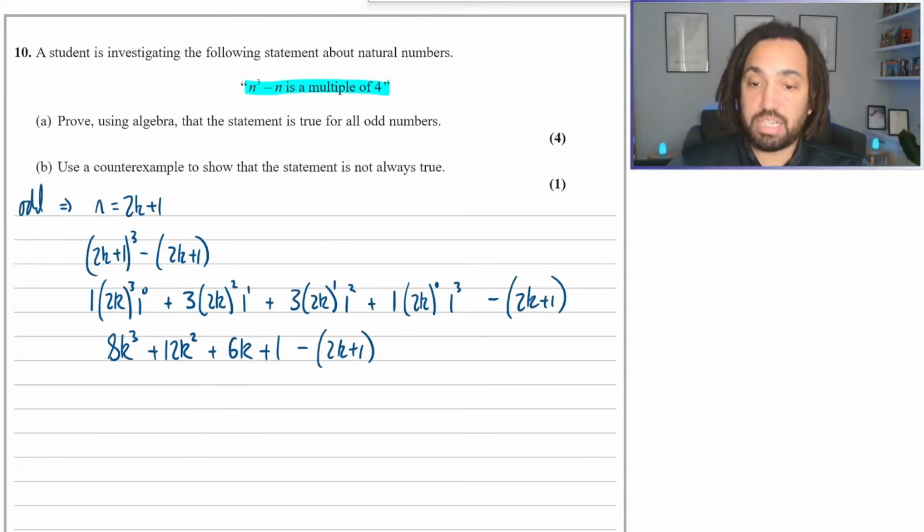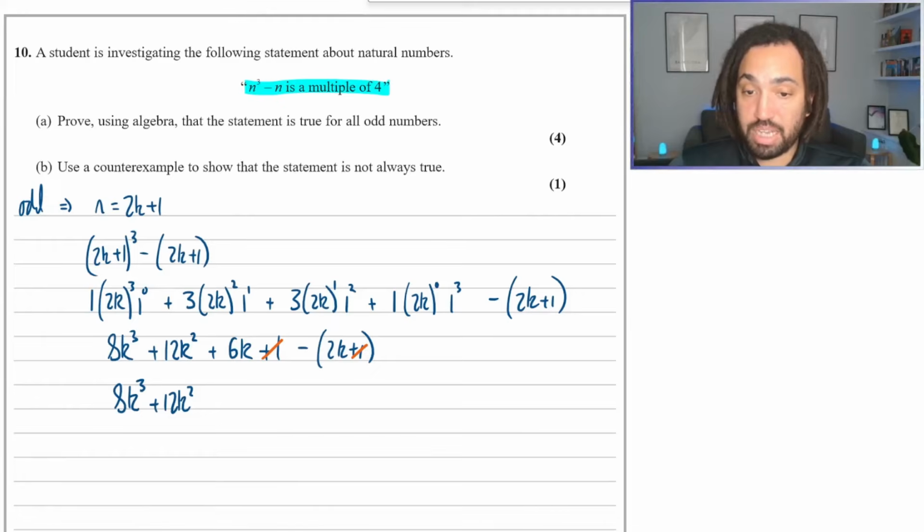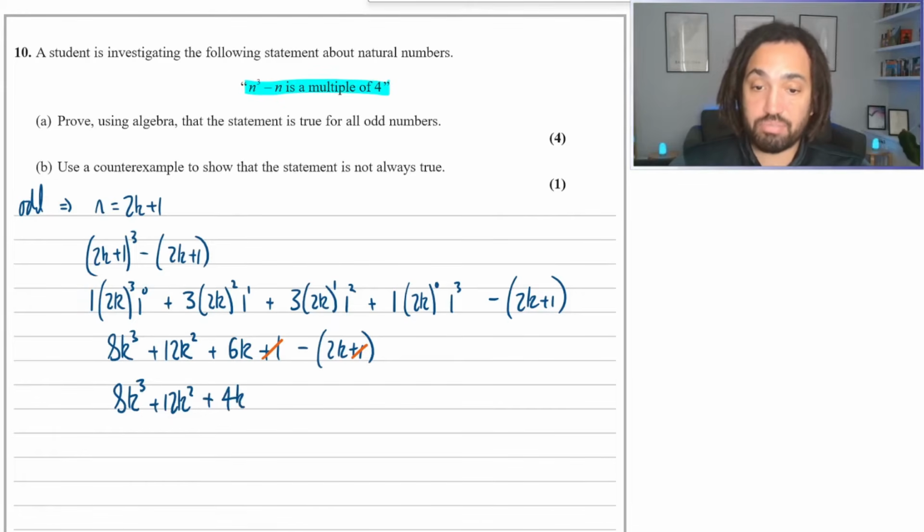Okay, I can see here I've got a plus 1, and I'm taking away a plus 1, so they will cancel. So the last thing to do then is just to collect up. So I've got 8k cubed, plus 12k squared, and 6k minus 2k, which is plus 4k.